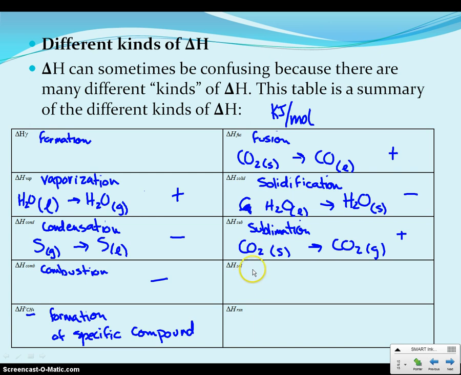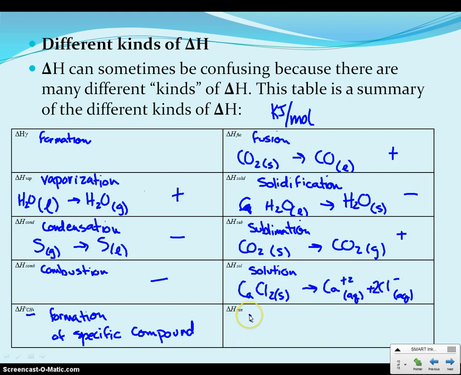Delta H sol, this means solution. So if you're dissolving something, what is the heat involved in that? So the heat in taking, for instance, calcium chloride and dissociating it and putting it in water, creating a solution, and getting calcium ions and chloride ions. There is a heat involved in dissociating ionic compounds.